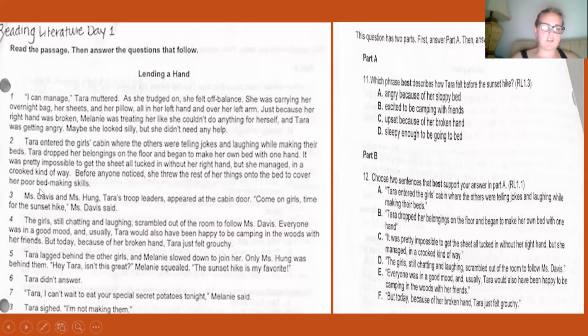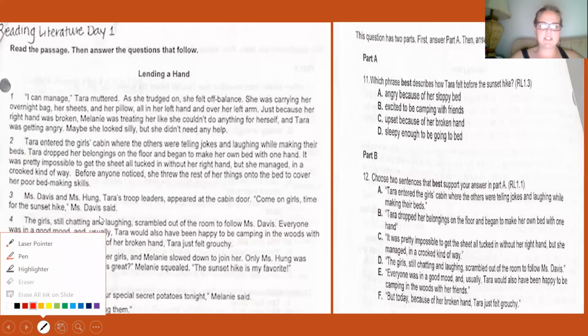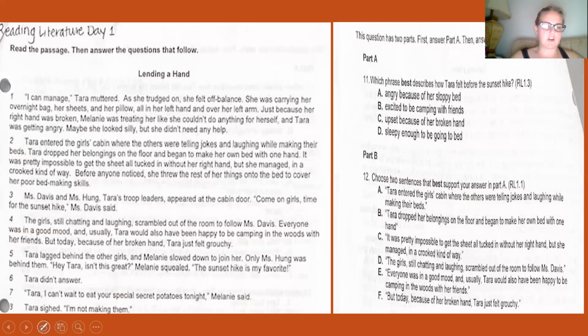Hopefully you can see my pointer, but I have the sentence where it says, let's use a different color. But today, because of her broken hand, Tara felt grouchy. Tara just felt grouchy. So that's one piece of evidence I know just from reading the text.